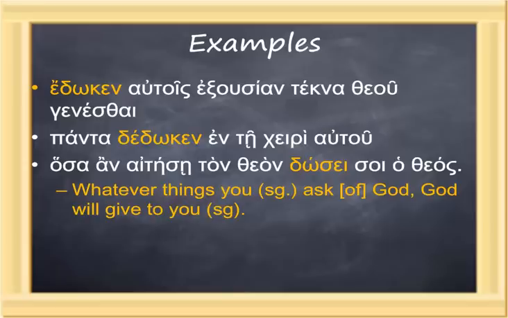Example number 3. Hosa an aitese ton theon dosei soi ho theos. Dosei: no epsilon or iota reduplication, just the stem plus sigma and the primary ending, future tense. Whatever things you, singular, ask of God, God will give to you.